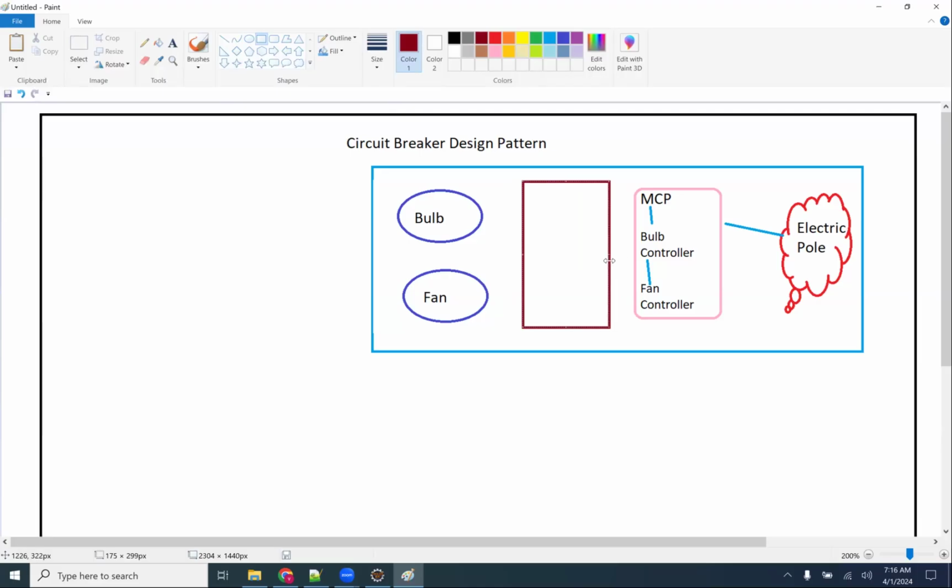So, this is the inverter. But what is the logic of the inverter? Ultimately, my bulb and fan should be connecting to the inverter.